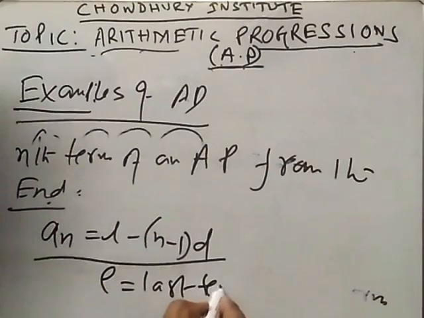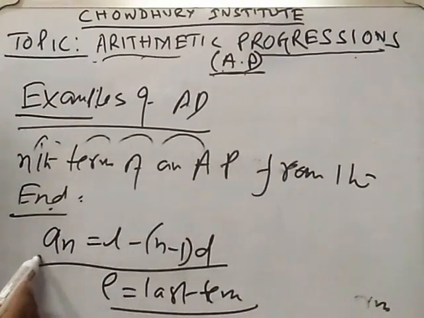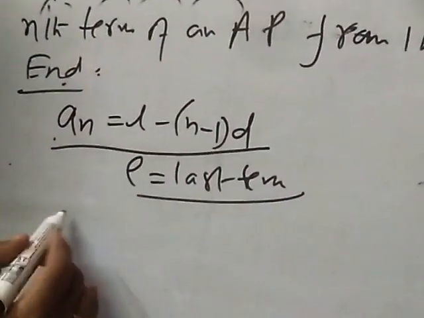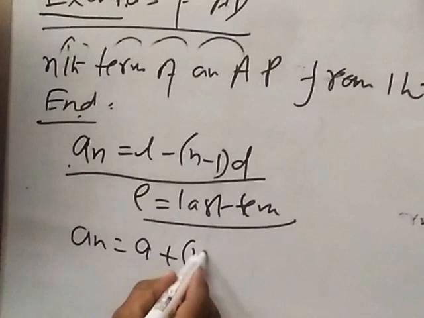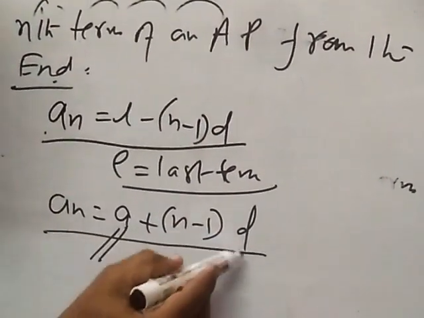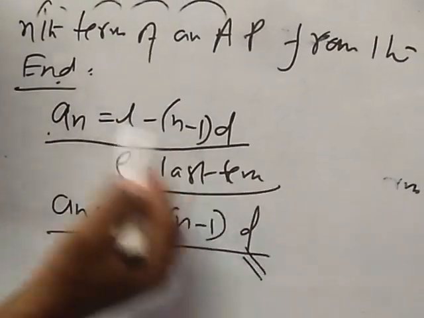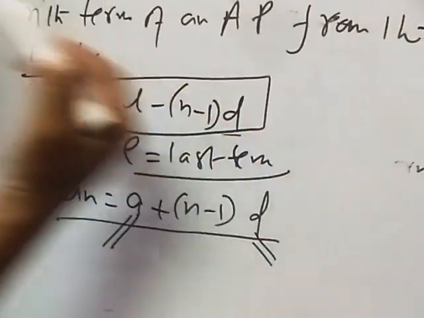So for n we have two formulas. One: n equals a plus (n minus 1) into d, where a is the first term and d the common difference, or this one also.